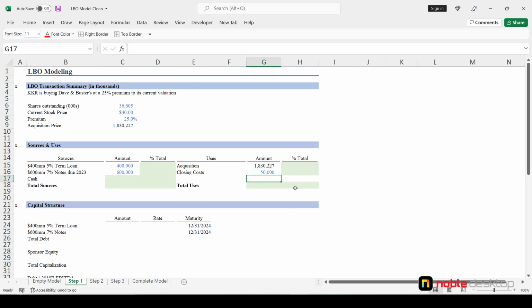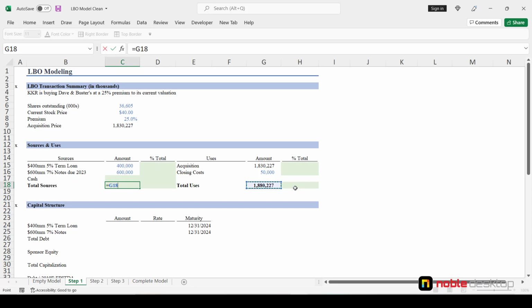And in this scenario, my total uses will be a sum of the above. I'm using the Alt plus equal shortcut for auto sum. Alt equal. And my total uses are 1,880,227. Beautiful.